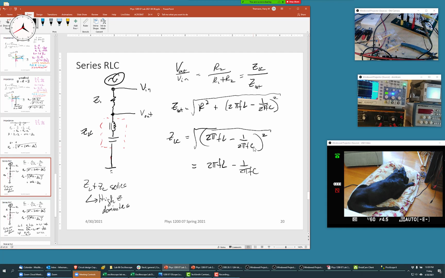So remember too, from now on we're going to use it in this form. So it's Z of the LC because that's our R2. And this is our R1. But of course R1 plus R2 is equal to Z total.